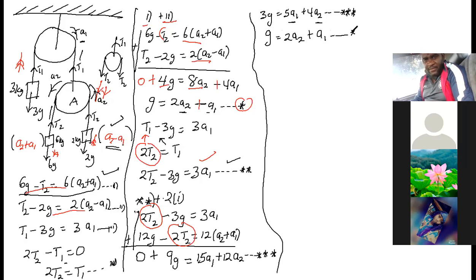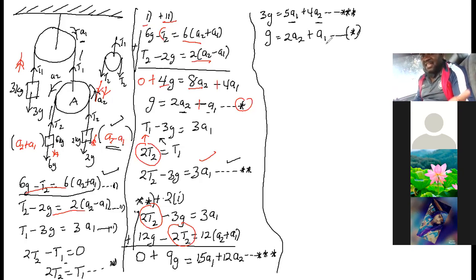Now let me ask, which method do you want me to use? Do you want me to use elimination again, or substitution? Elimination again. But it is also good to make the choice. Reason being, when you look at this A1, it is easy to make it a subject.